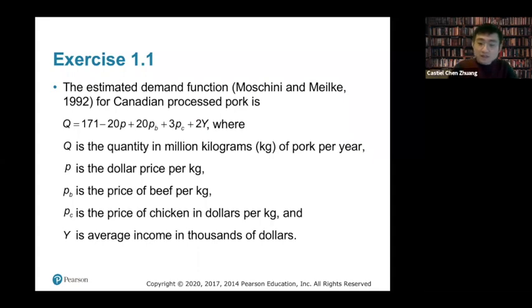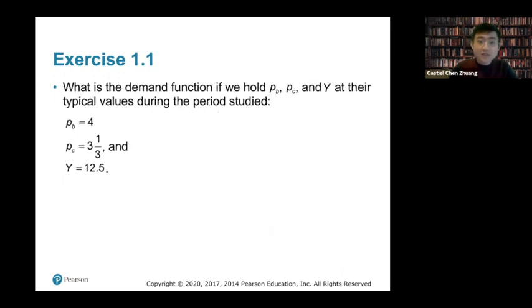So we usually just want to focus on the relationship between the quantity demanded of the good and the price of the good. What we end up doing is to fix all the other variables. We call it ceteris paribus. So we just figure out what the values of other variables are, and then we plug those numbers into the demand function, and then we are left with just Q and P.